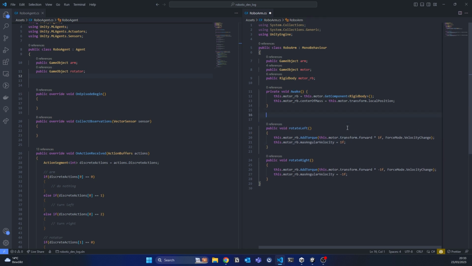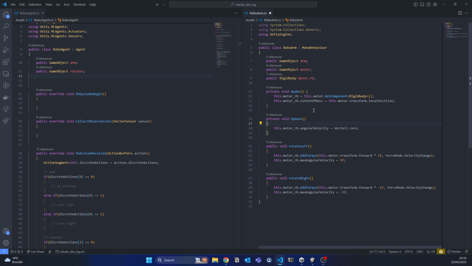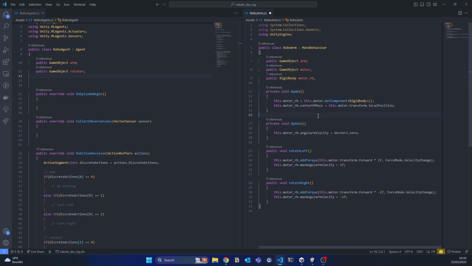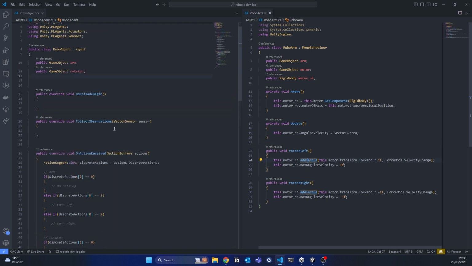So how we're going to do this is with our update function. So in this case it's going to be dot angular velocity equals Vector3.zero. Okay, cool. So let's try that.